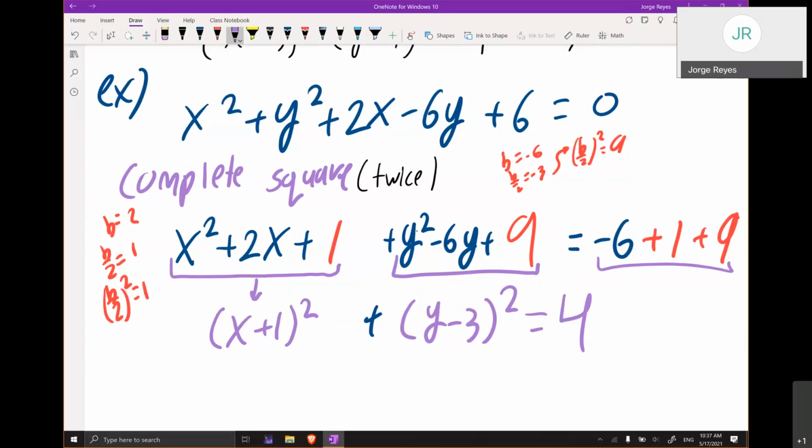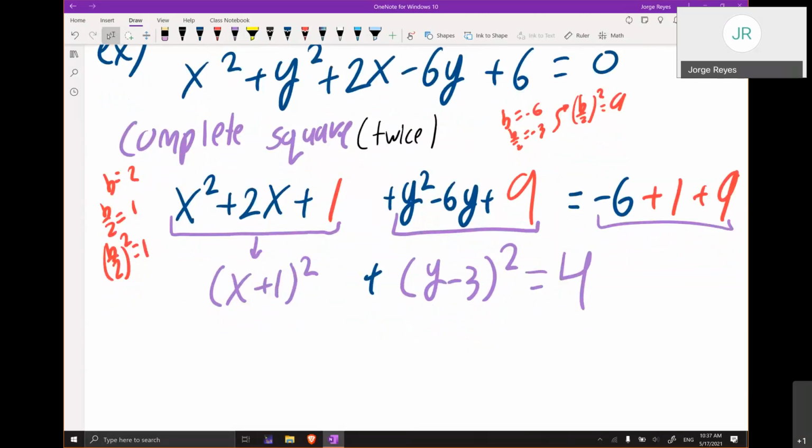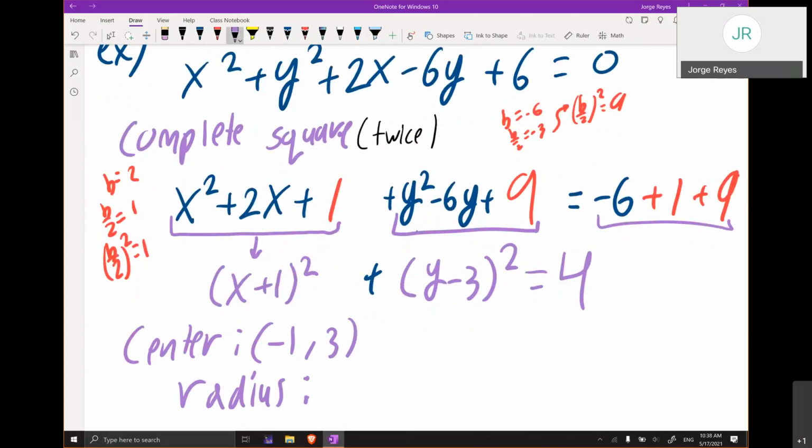So ta-da! And actually, it's kind of nice, because you can see that the center is negative 1, 3. And the radius, and this is a big deal, the radius is 2, because this is 2 squared. A very common mistake is that people just write 4 for the radius, so make sure that's not you.